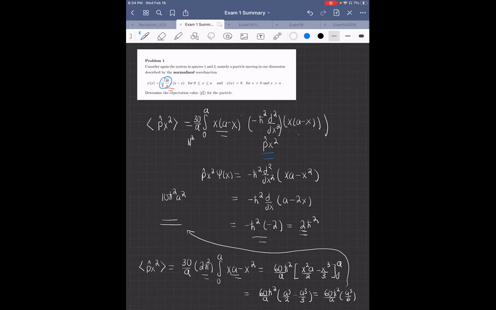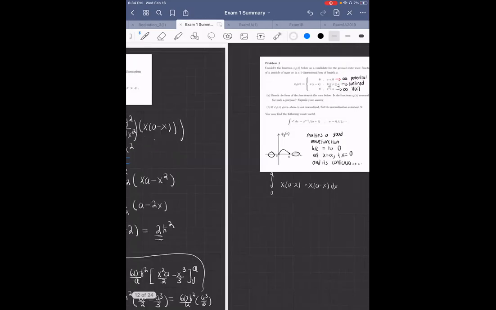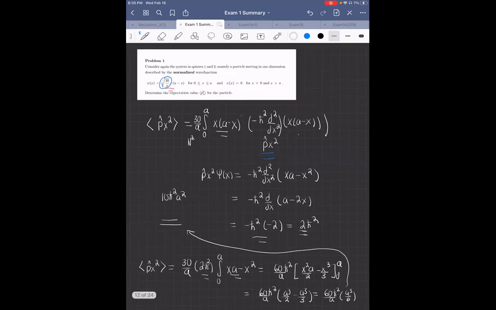Does that make sense, everyone? Yeah. Okay. I have a question. What's up? Just real quick, I want to double check. The reason why you have negative h bar squared is because you did i squared, right? Which just turns into -1. Yes. Okay, just double checking. Thank you.